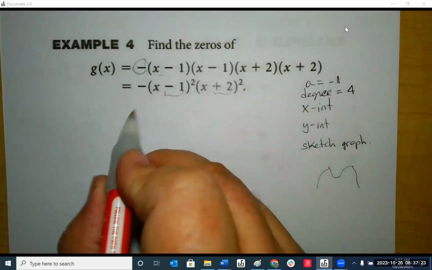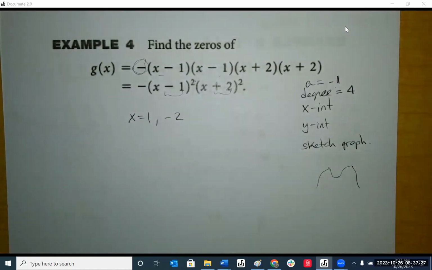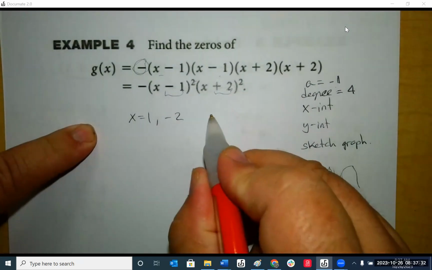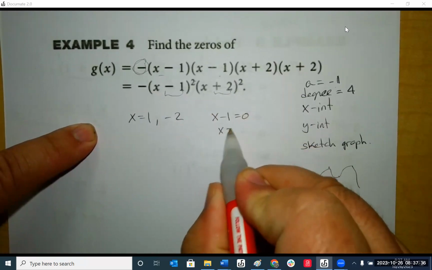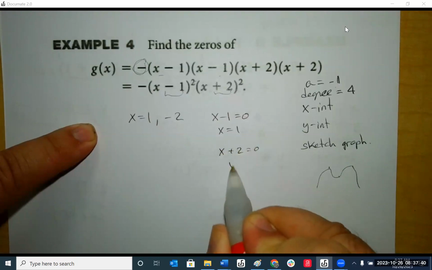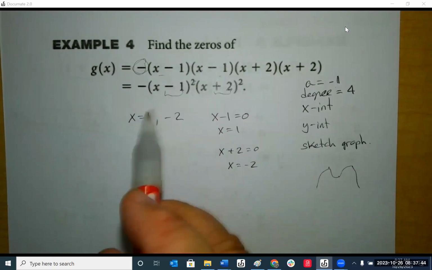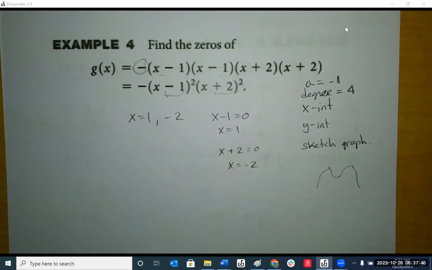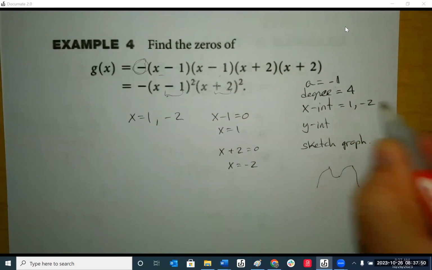So the x-intercepts are at +1 and -2. Again, if you don't see that, then what you have to do is take each of these and set them equal to 0. That's just a shortcut. It's just opposite whatever's inside the parentheses. So our x-intercepts are at 1, -2.